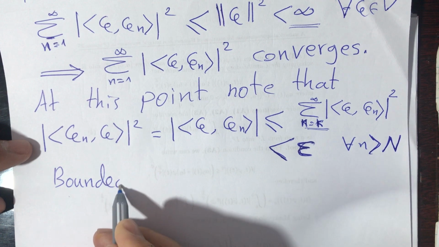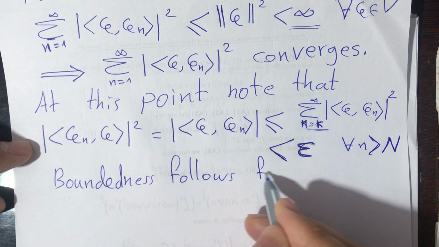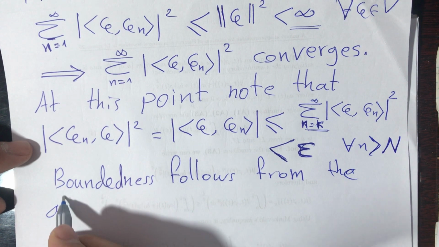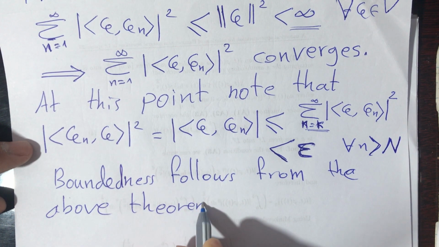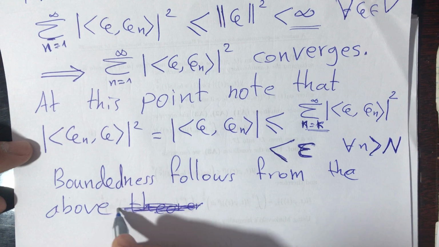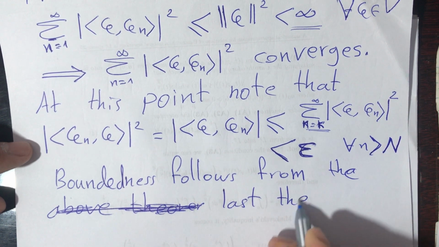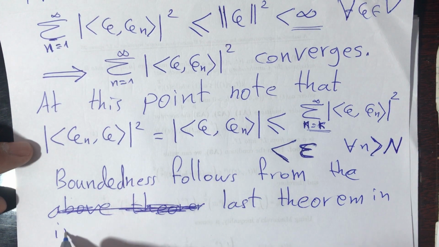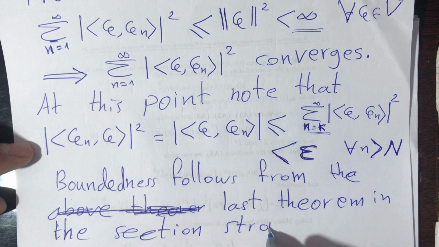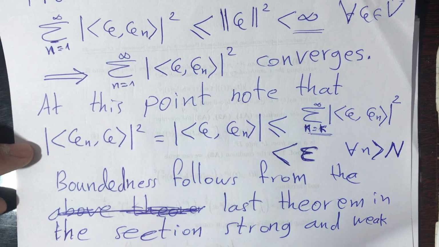And if this is less than epsilon, boundedness follows from the last theorem, sorry, not the above theorem, in the other theorem, the last theorem in the section on strong and weak convergence.